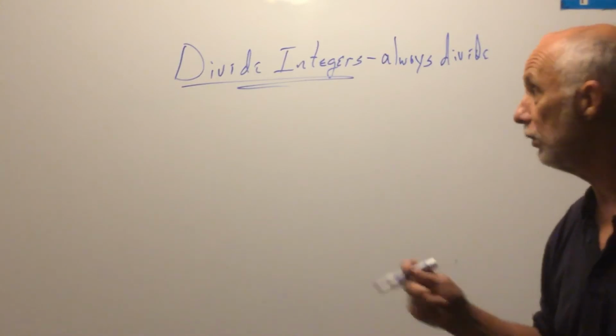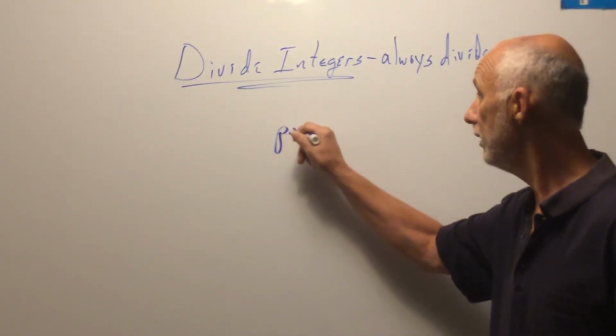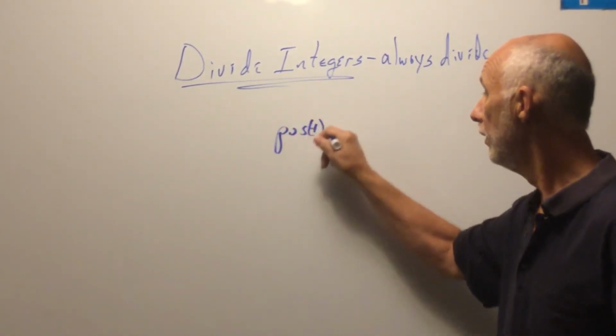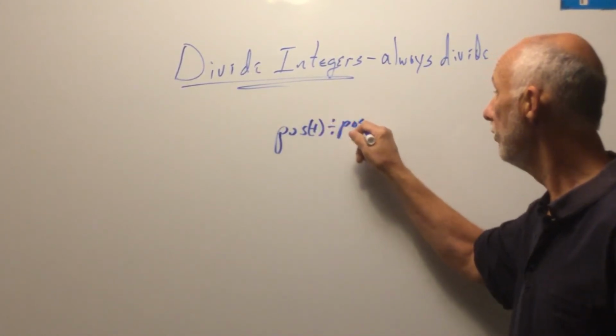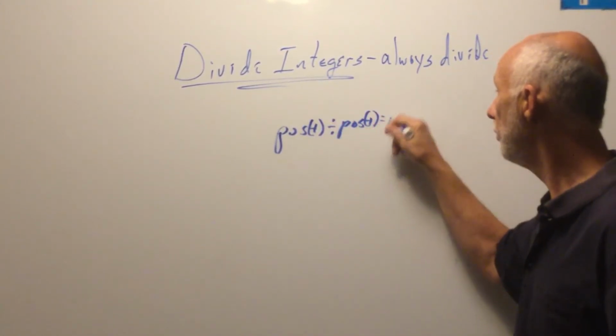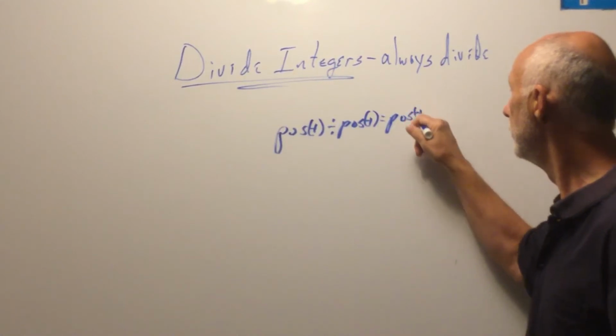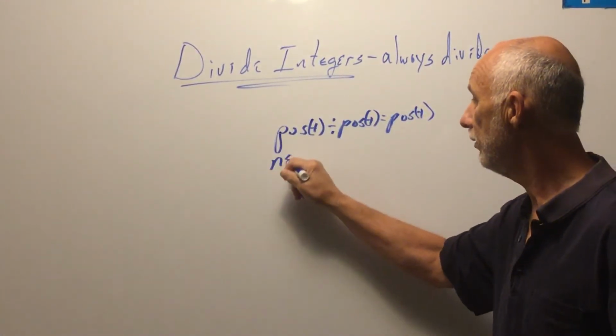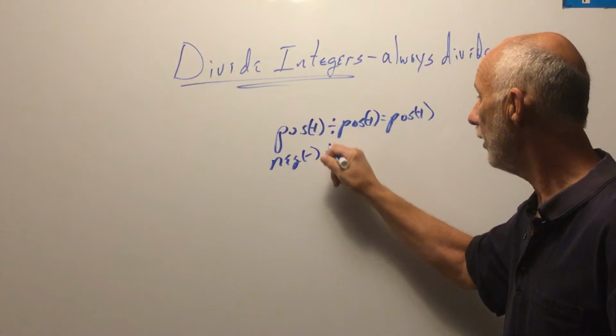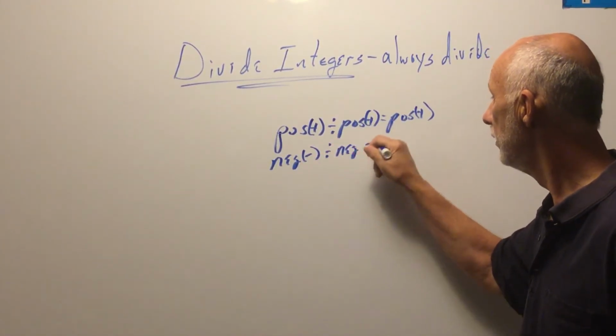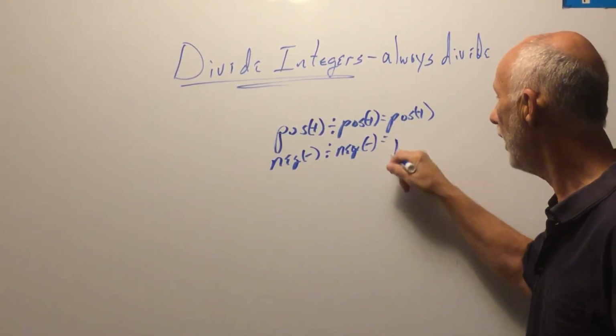All you really need to know is this. A positive divided by a positive equals a positive. And a negative divided by a negative equals a positive.